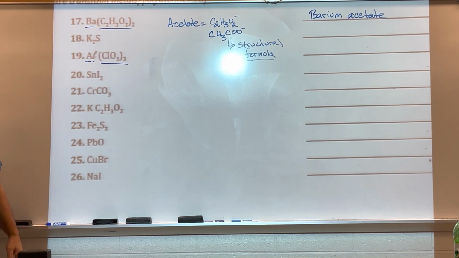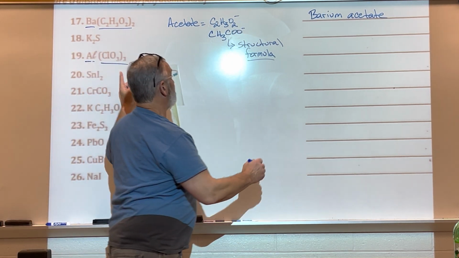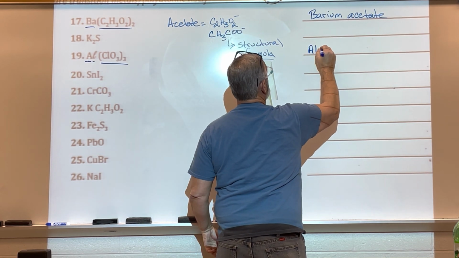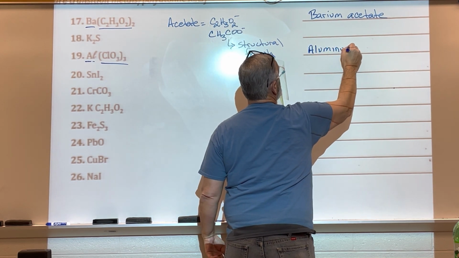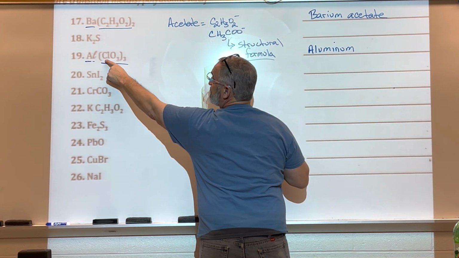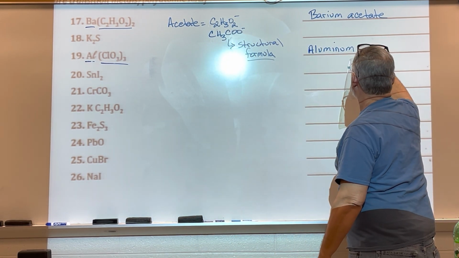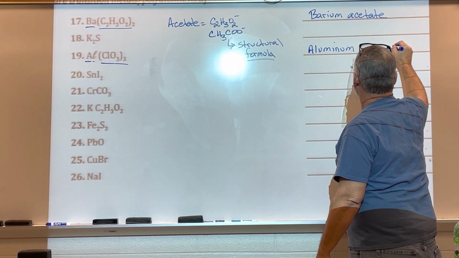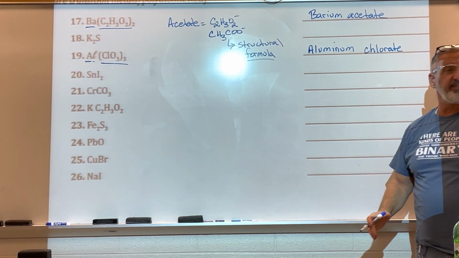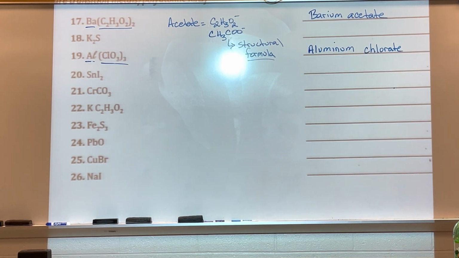Roman numerals. So I'm just going to name the ions. Aluminum, and the positive ion is always just the name of the element. And then you go in your sheet and you see that ClO3 is chlorate. You don't need any prefixes, subscripts, nothing, because there's only one way aluminum and chlorate are going to combine.